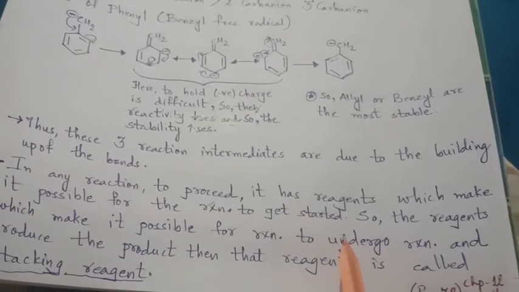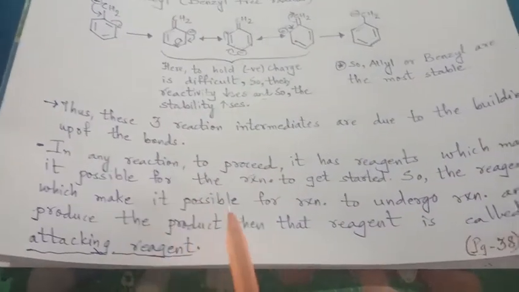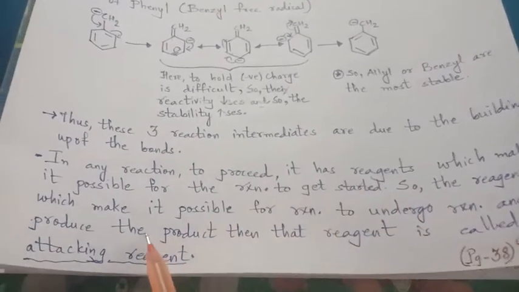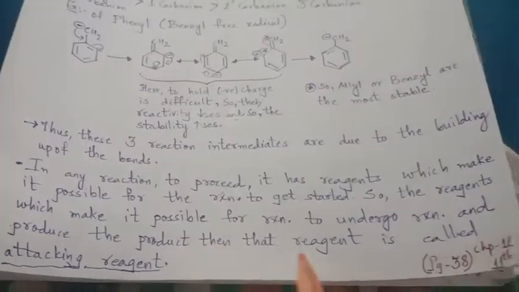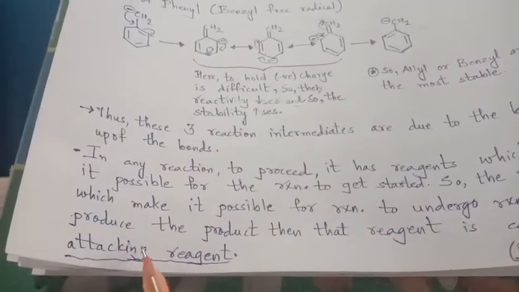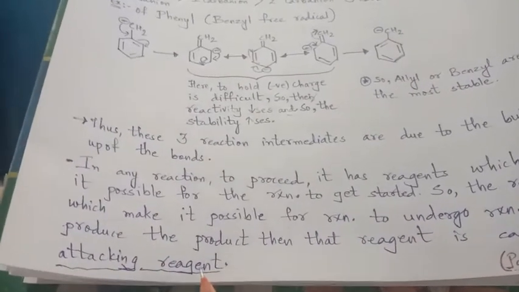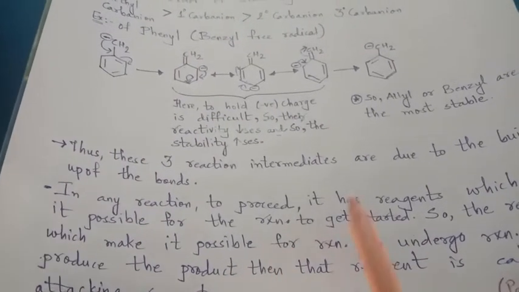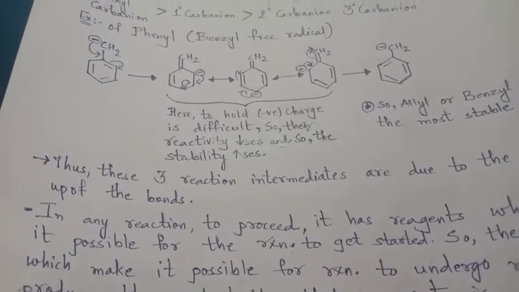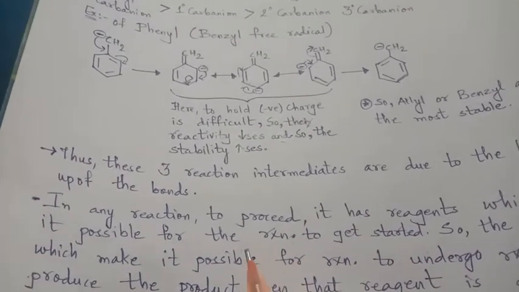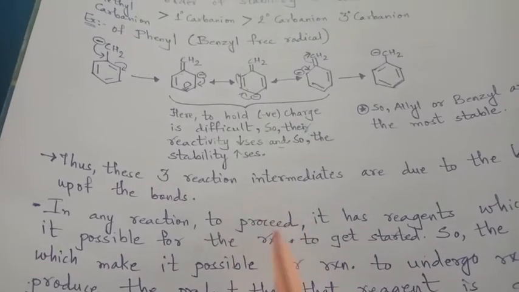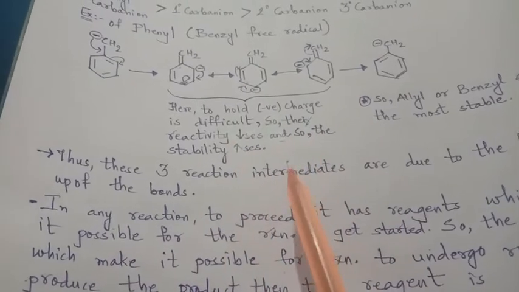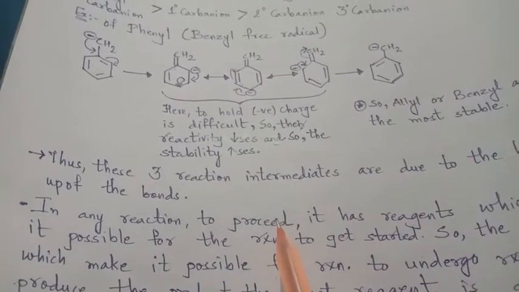able to proceed. So the reagents which make it possible for the reaction to proceed and produce the product are called attacking reagents. Right? Unless and until an attacking reagent is there, a new product won't be possible, because as I told, if only one species is there, then that particular species will go on breaking, and no other new product will be possible.